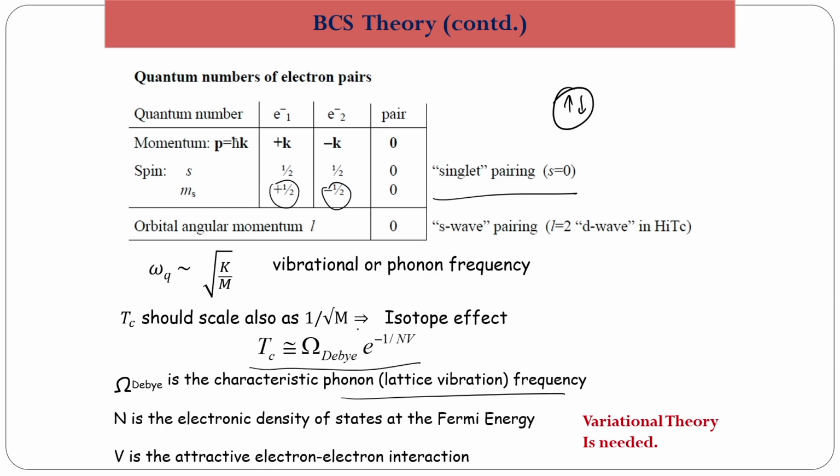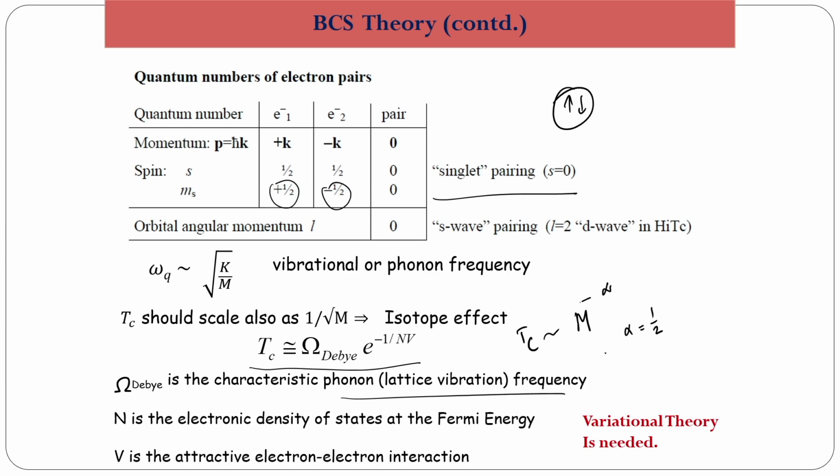So, there is an involvement of phonons there, and we have also said that Tc actually goes as m to the power minus alpha, where m is the isotope mass. So, if you take two isotopes whose masses differ by a small amount, and calculate the Tc, Tc goes as m to the power minus alpha, and for these superconductors alpha equals half.